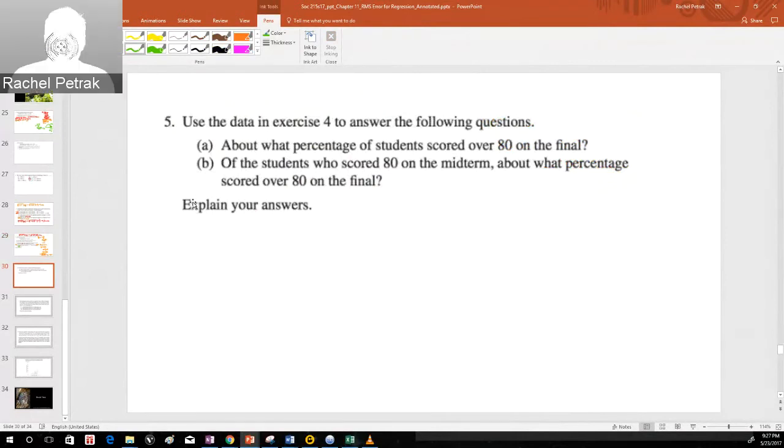And now we'll use the data in exercise 4 to answer some more questions. What percentage of students scored over 80 points on the final?